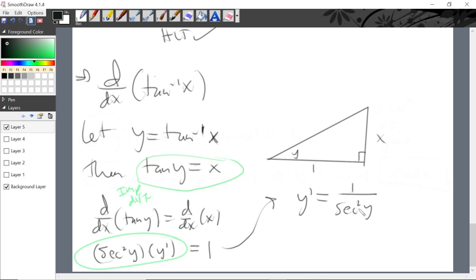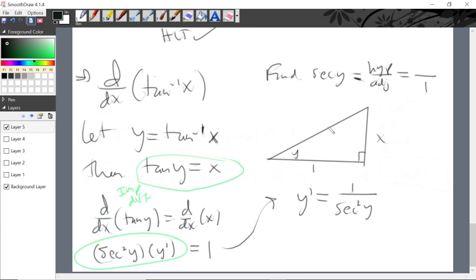One way that we can reinterpret this in terms of x is to go back to the triangle. We can find the secant of y using the triangle. Now, secant of y is the hypotenuse divided by the adjacent, the reciprocal of the cosine. We already have the adjacent side here is 1, but the hypotenuse we need to solve for.